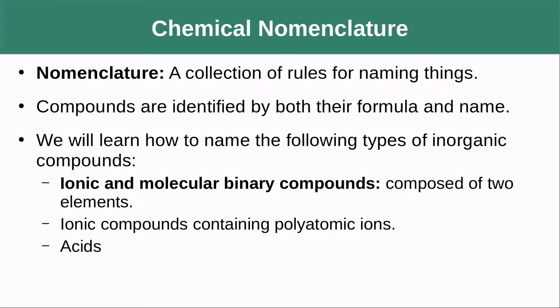You can't really put in all those subscripts and expect that any old person off the street is going to be able to read and understand that. So we're going to have to learn how to name both ionic and molecular binary compounds composed of 2 elements. And we're going to talk about ionic compounds containing polyatomic ions.